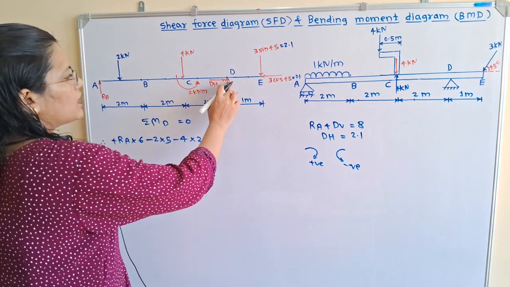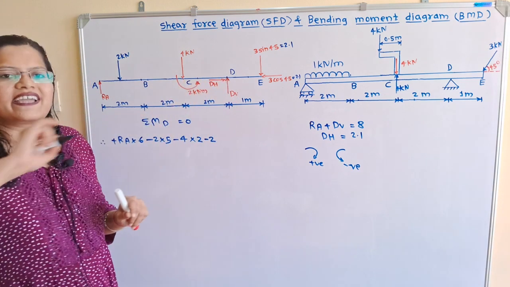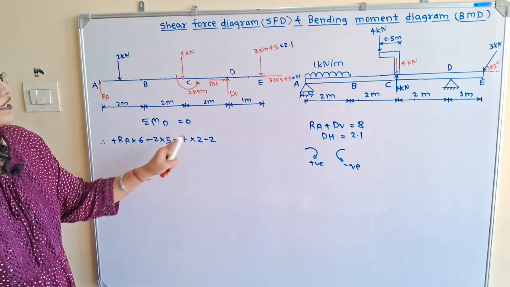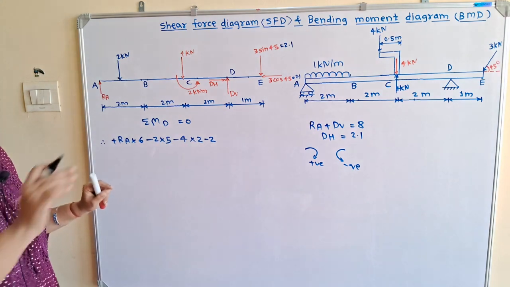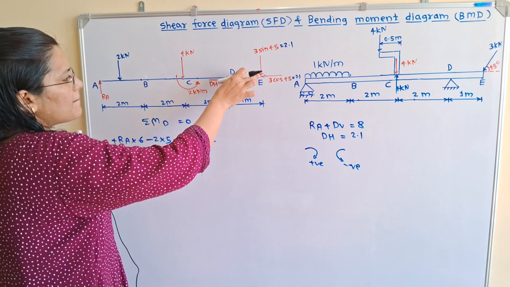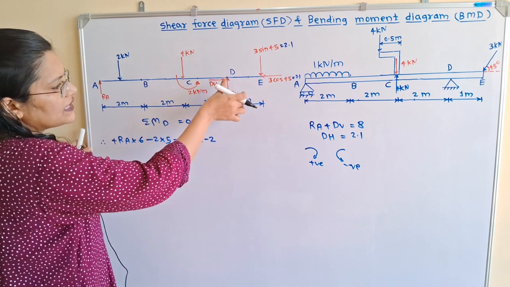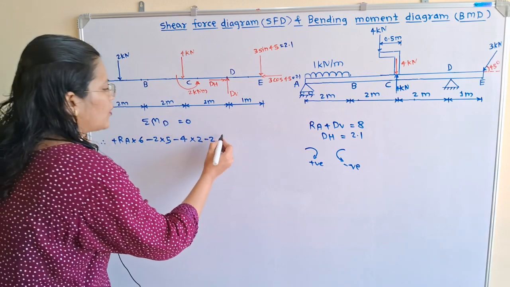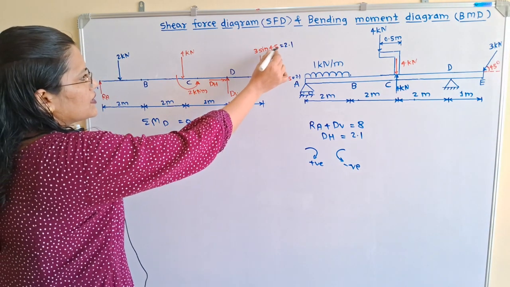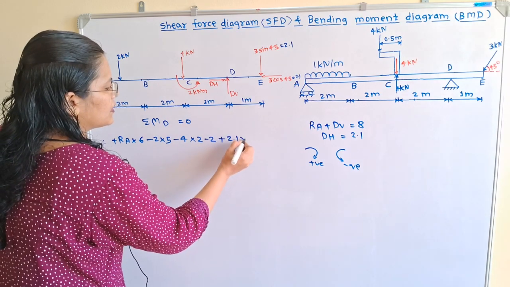Now we will move to the next. If we observe, DV and DH are acting at point D, so the perpendicular distance is equal to 0. Now we will move to point E. If I move the compass in the direction of this 3 sin 45, then it is in clockwise direction. So I will use plus 3 sin 45, I will directly take 2.1 multiplied by 1.